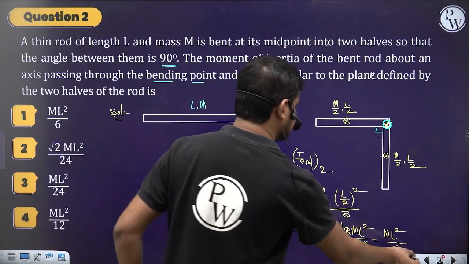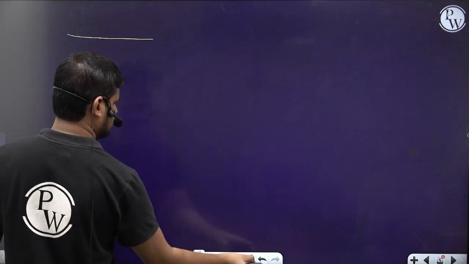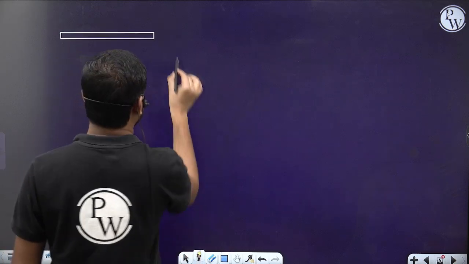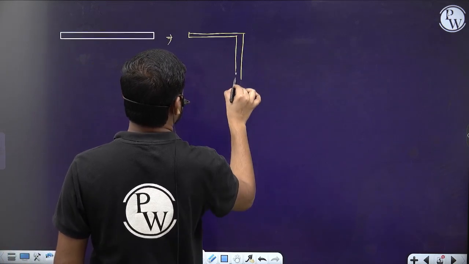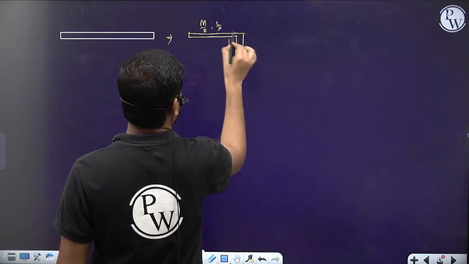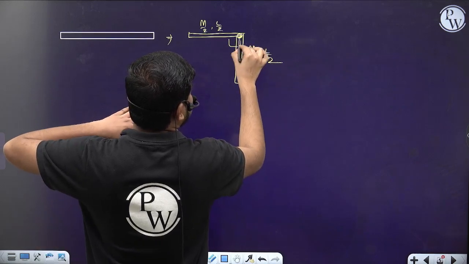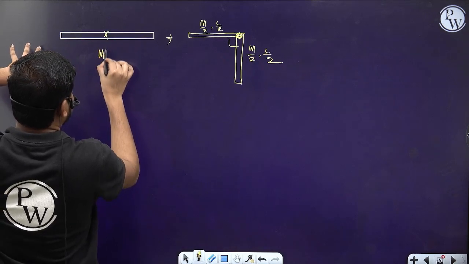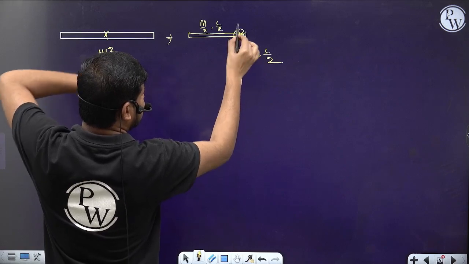So in this particular case, the rod is bent in such a way that its mass and length were exactly halved. So here m by 2 and L by 2, and here also m by 2 and L by 2, and obviously this point will act as its center, so the moment of inertia about its center of mass is ml square by 12, and this corner will act as a center for this whole rod.